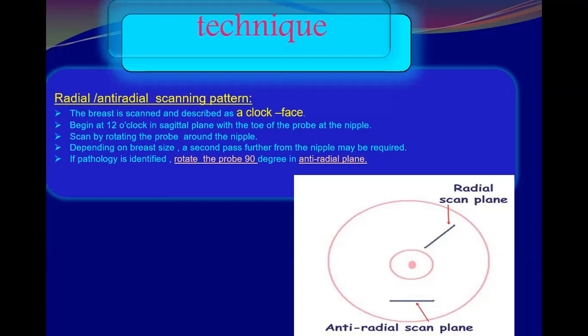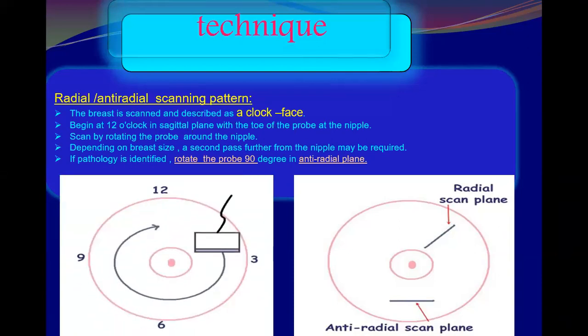Then you will sweep in a circle, rotating around the nipple. When you find any abnormality, rotate your probe 90 degrees, then it will be in an anti-radial location. So this is circle, clock face, radial and anti-radial, all synonymous.